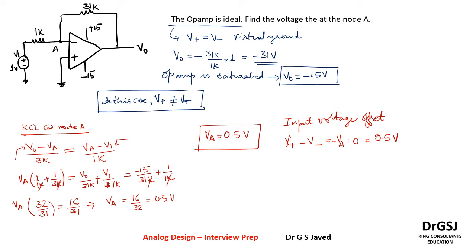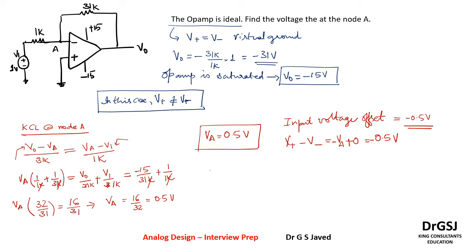So this gives an input offset voltage of 0.5 volt. This is the concept that you will use in multiple cases.